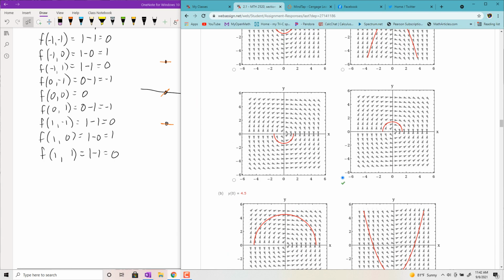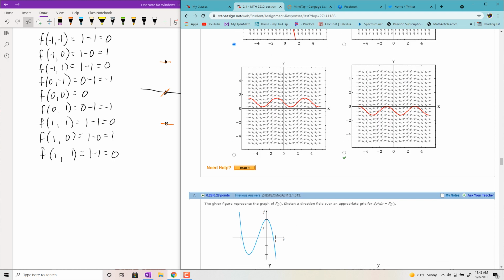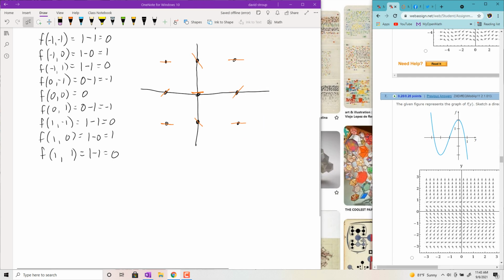Those problems are pretty much all the same. Only one that's even a little bit different would be number 7. Number 7, what they do is they give you the graph of the derivative there, the dy over dx, and then you have to generate the slope field from that. So let me take a quick look at that and see how it goes.